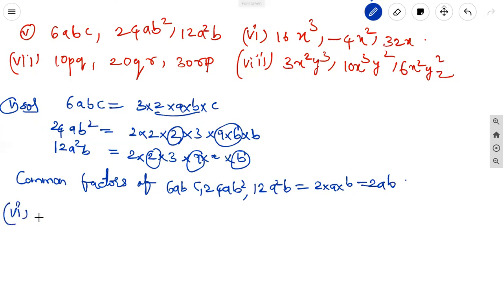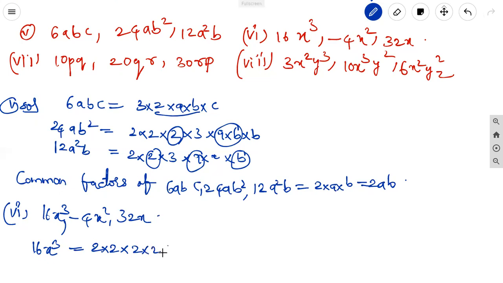Sixth question. 16x cube minus 4x square, 32x. 16x cube means we can write 2 2s are 4, 4 2s are 8, 8 2s are 16, and x written 3 times.